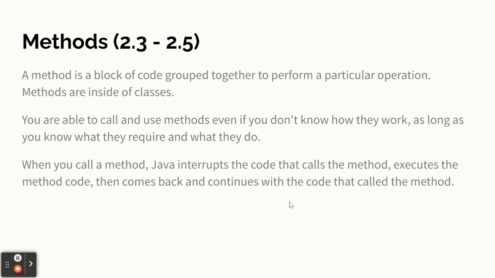What I mean is that's part of Java's object-oriented programming system, where I write a block of code, I write a class, and I don't let you see the code. But I tell you guys, you can create this object, and the object has these methods, and this is what they do.